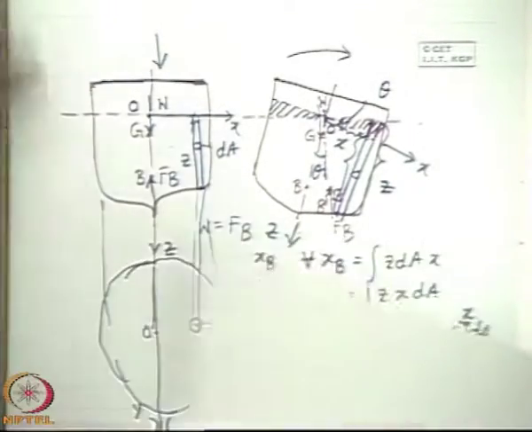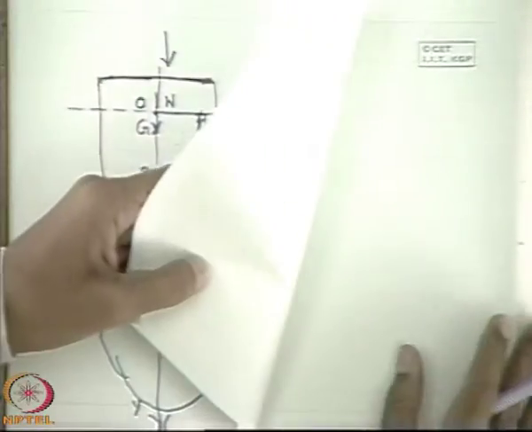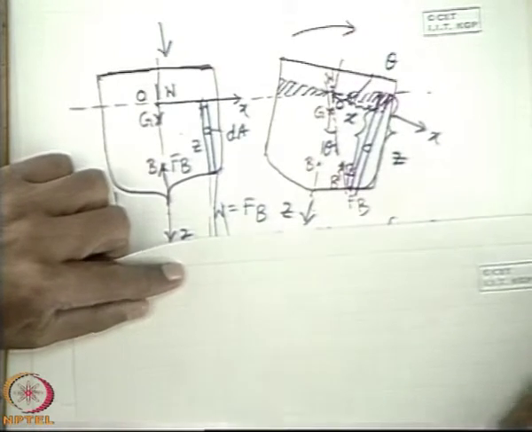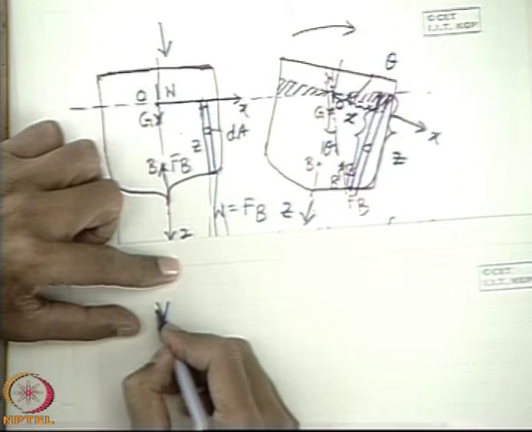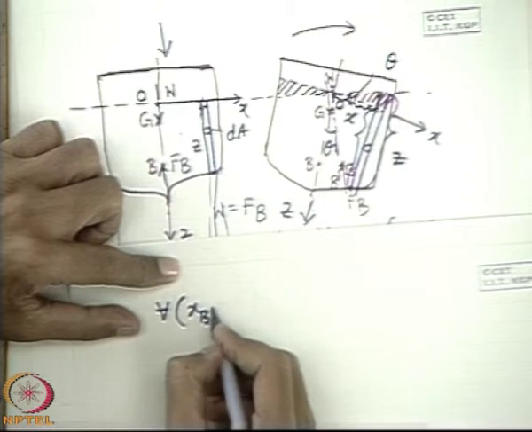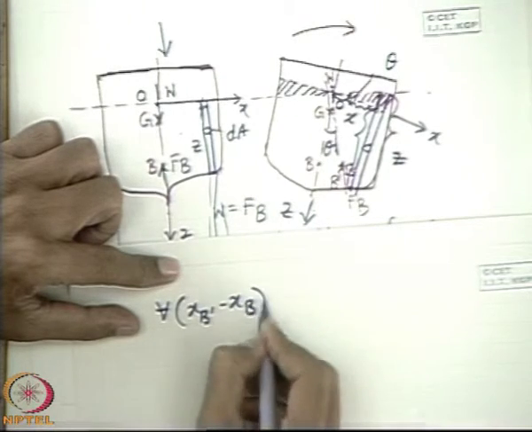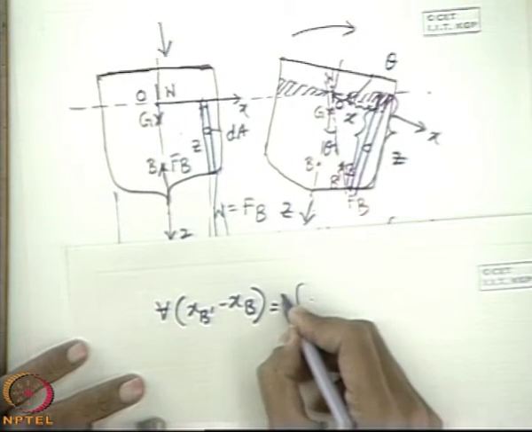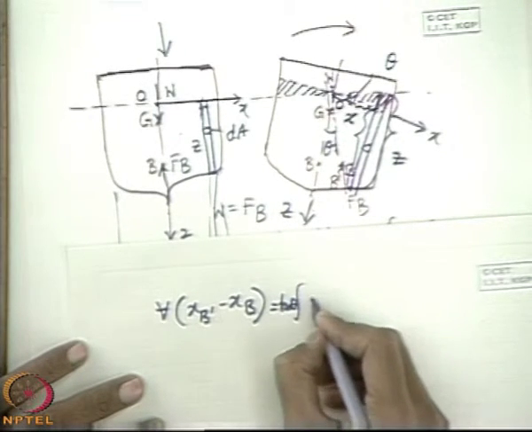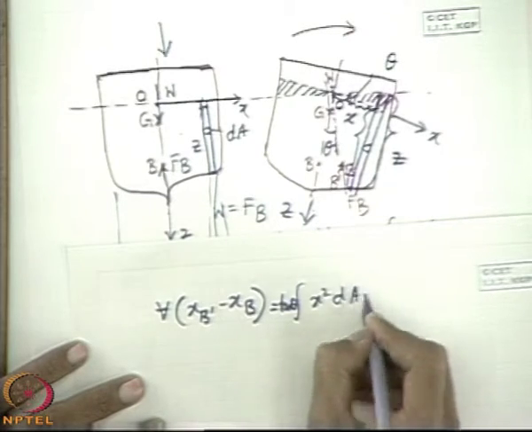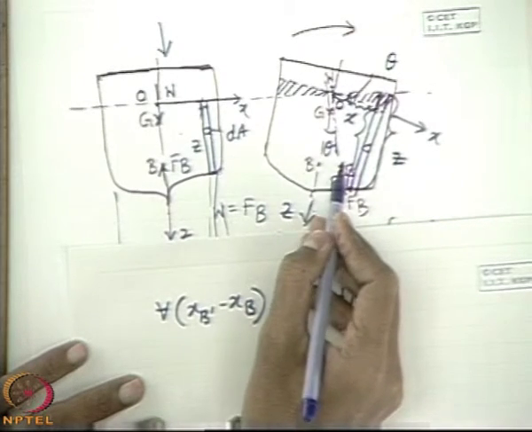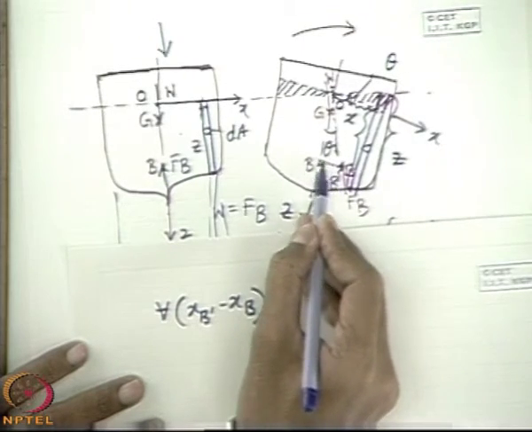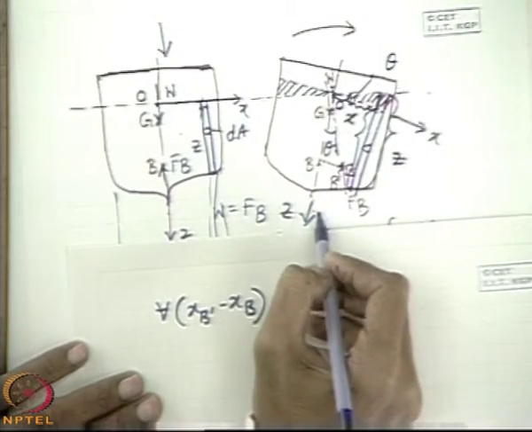Now we can write that V into xb dash minus xb is equal to tan theta into x square dA. Now xb dash minus xb for small angle of theta, if you make a projection from this to this axis, this is the axis z.